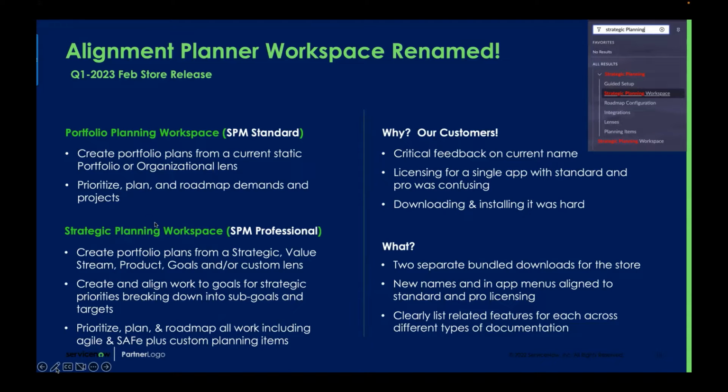So Strategic Planning is best suited for customers using Agile or hybrid methodologies and who would like to increase flexibility and configuration options. And this strategic portfolio management includes the goal framework for SPM, where you will be able to create objectives and key results, OKRs.